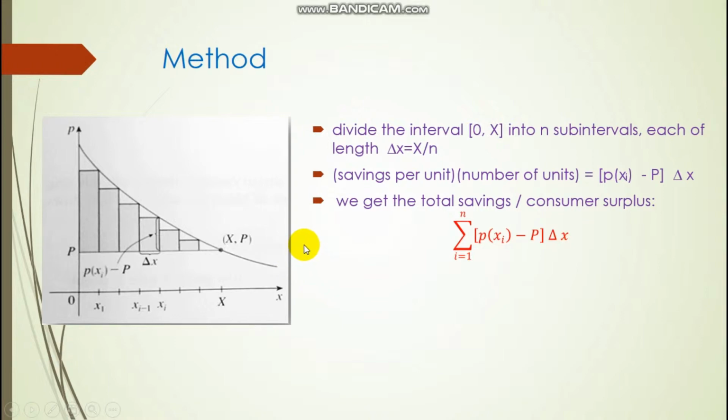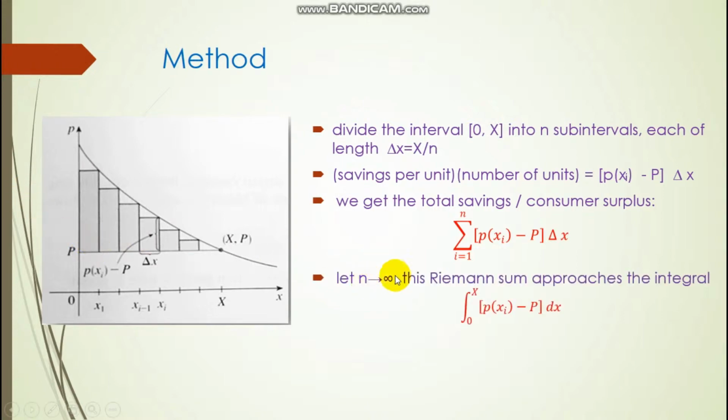To make the area more accurate, we need to make the subintervals more numerous, so we let n approach infinity. So this Riemann sum will approach the integral. So we need to integrate the price demand minus the actual price from 0 to x.